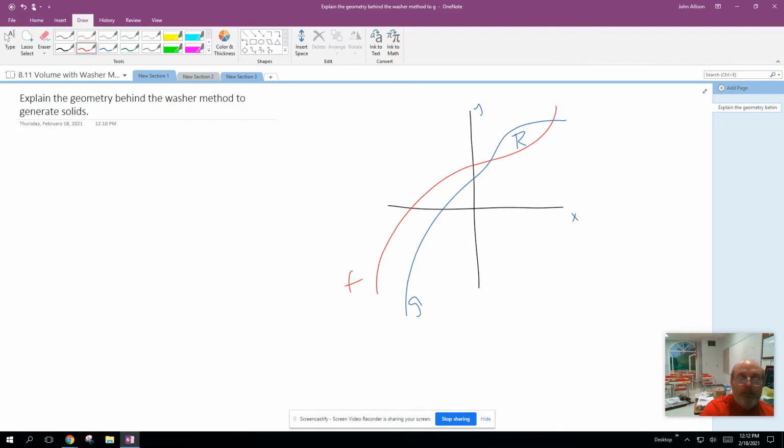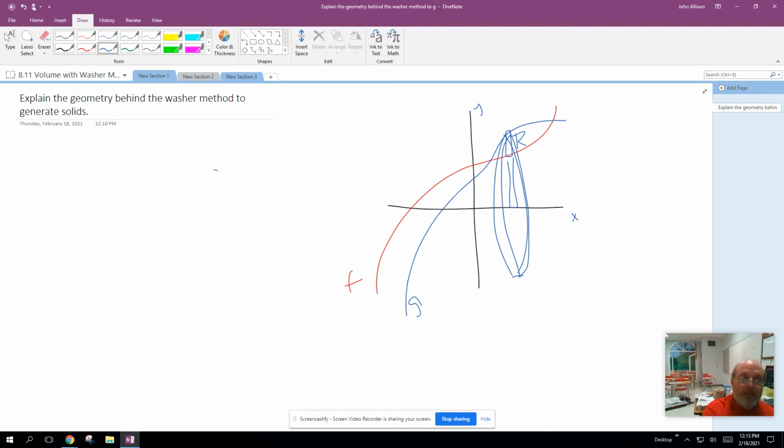We've been doing the disk method where we took a rectangle in here. Actually, we took a rectangle that went all the way to the x-axis, right? And we revolved it around the x-axis, and it gave us this entire disk.